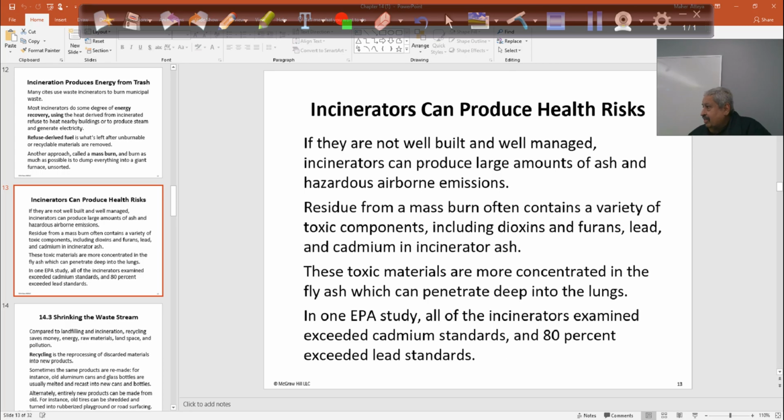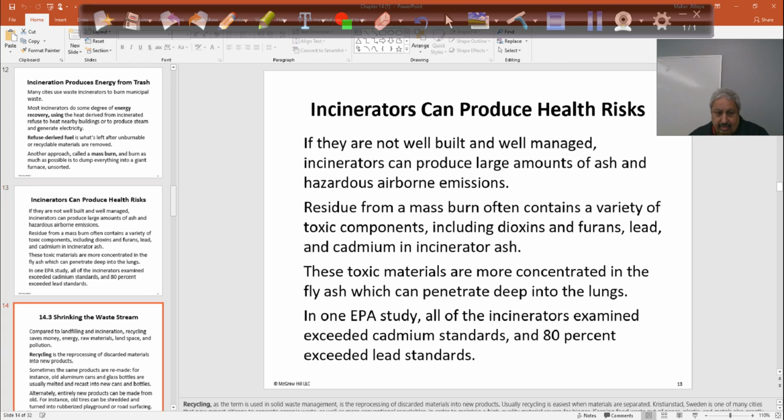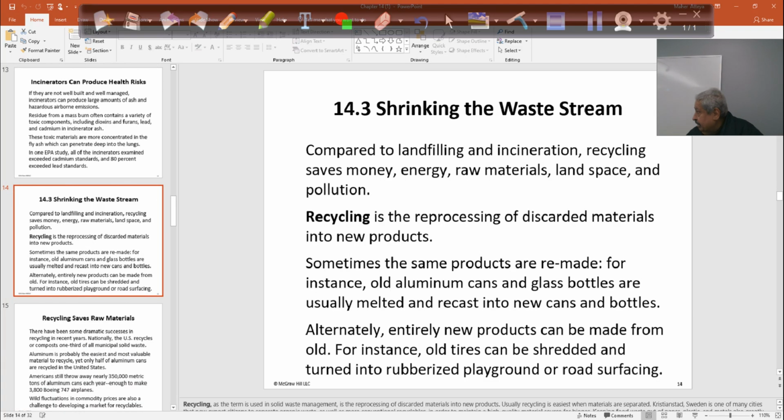Everything with burning and combustion ends up inside the air, which causes lung cancer. In one EPA study, all of the incinerators examined exceeded cadmium standards, and 80% exceeded lead standards. So that's a problem with burning. Every time we are burning, we are shrinking the waste stream.